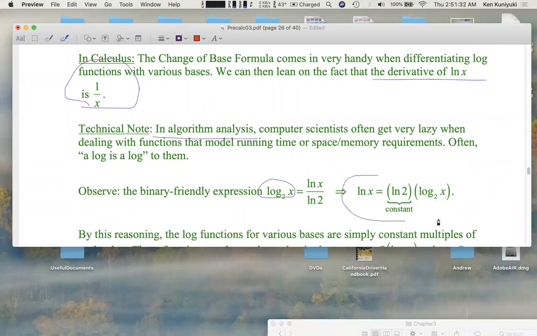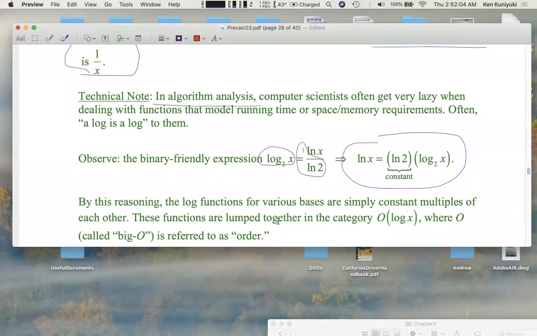So here we're saying that the natural log of x is a constant multiple of log base 2 of x. Likewise, here we can say that log base 2 of x is a constant multiple of ln of x. The multiplier here is 1 over ln of 2. That's the multiplier. So basically, you can say that any basic log function is a constant multiple of the natural log function.